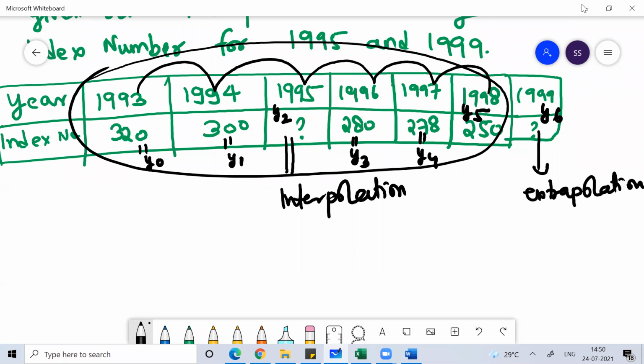The value of the dependent variable depends on the changes you make in the independent variable. So we need to find a relation between the dependent and independent variables. How to find that relation? By using the binomial expansion method.